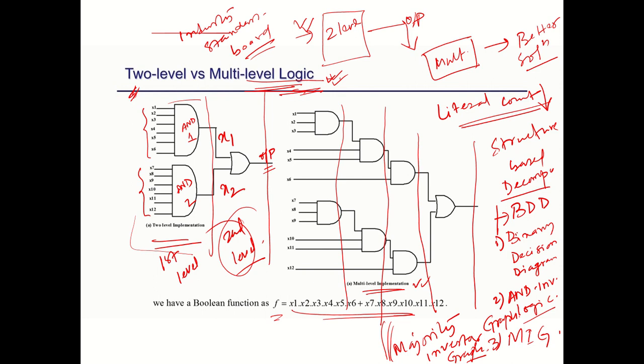In case of multi-level, we realize the function in terms of some graph based structure. Obviously all the graphs have their own minimization methodology, and we need to minimize based on those properties. These properties are not something someone has just given. Obviously these are proven methodologies.